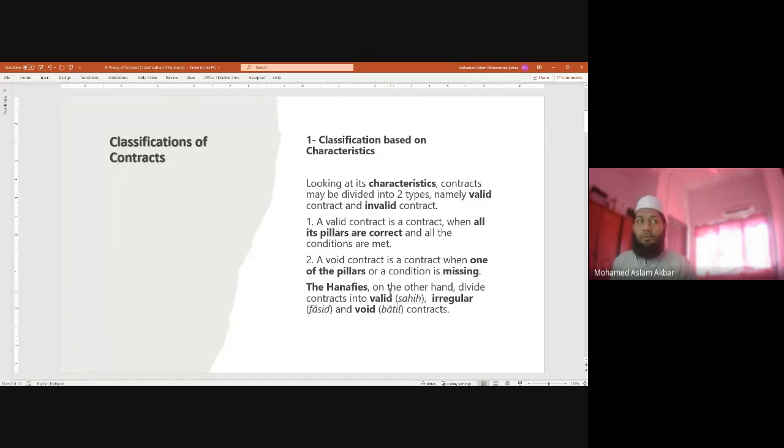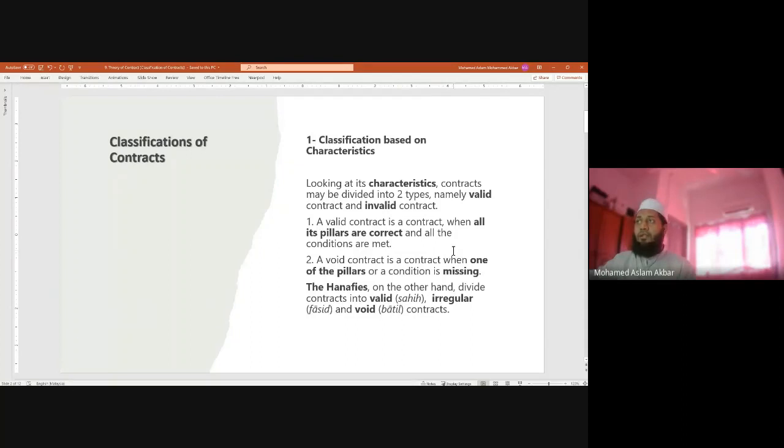But there is one more, which is actually the Hanafi. They are introducing the 3rd type of characteristic in contract, which is fasid. In English, we can call it irregular. So now let us see what is valid, what is invalid, and what is irregular.